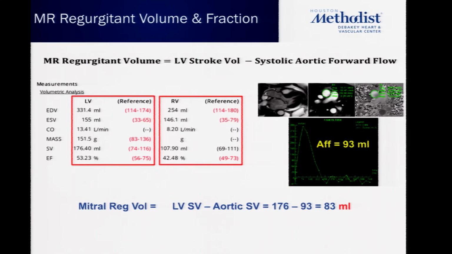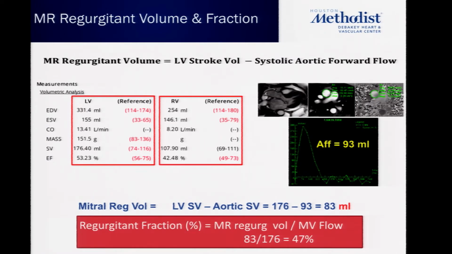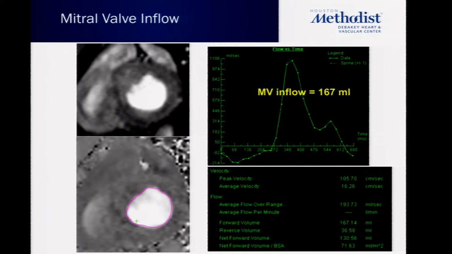And in addition to that, assess for right ventricular abnormalities. And lastly, mitral regurgitant fraction is the mitral regurgitant volume divided by the forward flow across the mitral valve. So in this example scenario, 83 cc's is the regurgitant volume, and 47% is the regurgitant fraction. So we're not just qualitatively assessing, we're quantitatively grading the severity of the regurgitation.